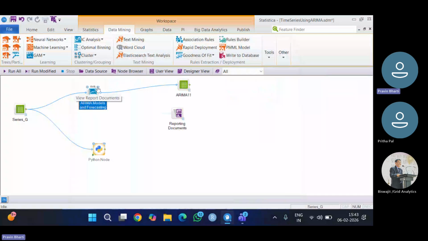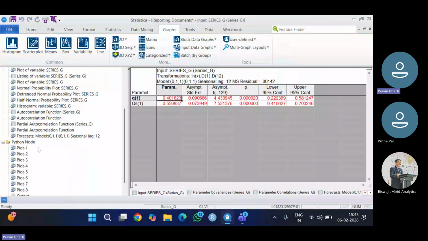So after running the node, through the display button, now we can see the local output from this book kind of symbol. We can see here we have 20 outputs. The first output is input series G. It has the estimates of parameters.